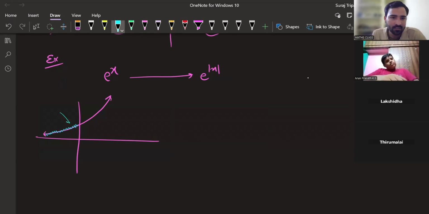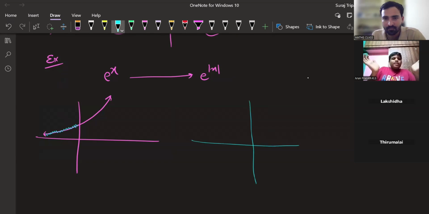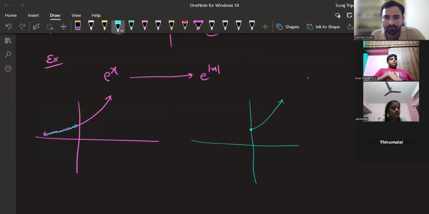You will get a sharp edge. Every point will be symmetric with the y-axis, so the graph will be like this. This is the graph of e raised to mod x.